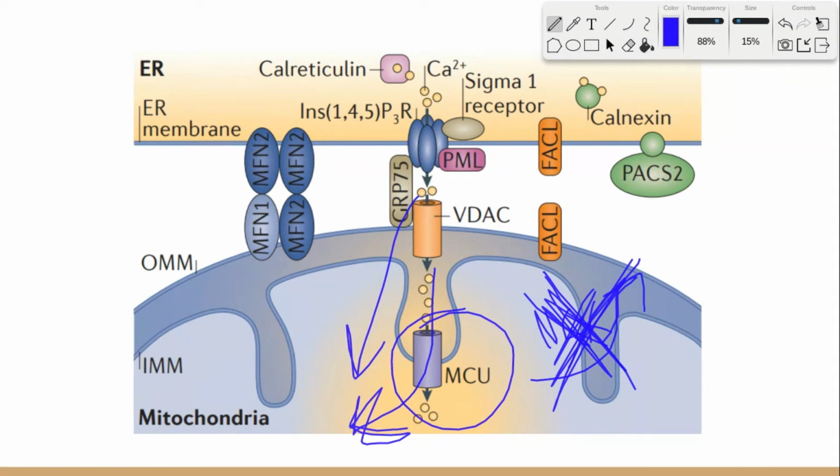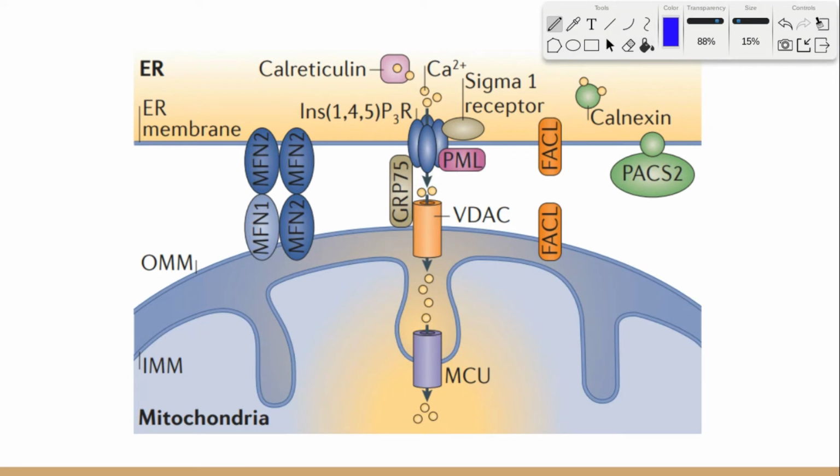So it's still very relevant in terms of how much calcium is getting into the mitochondria, because that's a very toxic process. We're going to discuss that a little bit more in the next couple of slides.